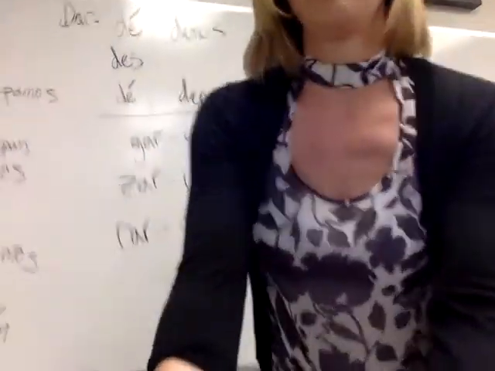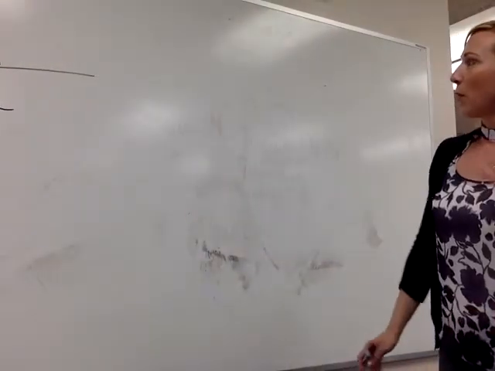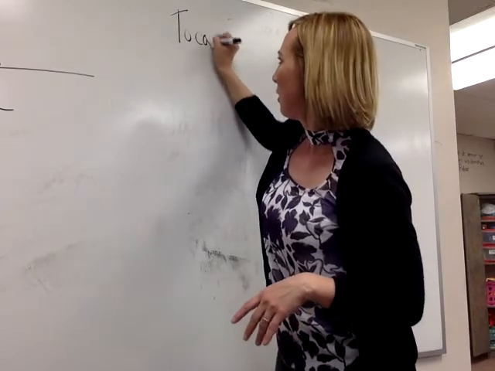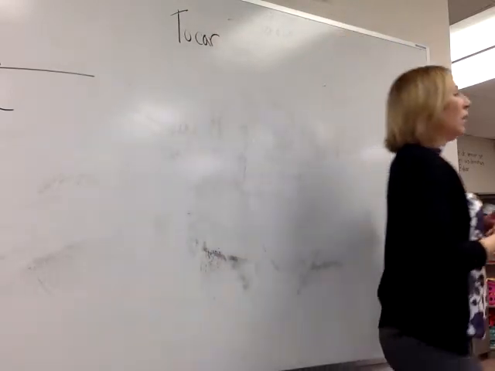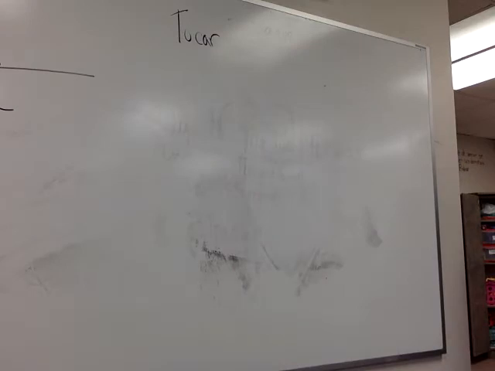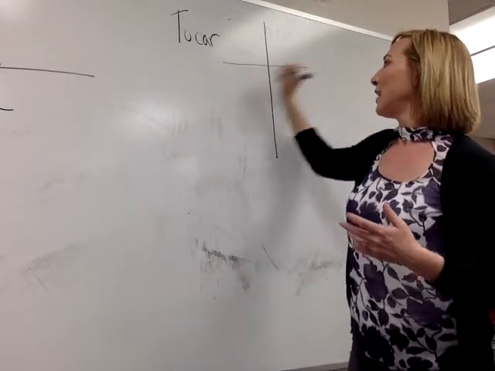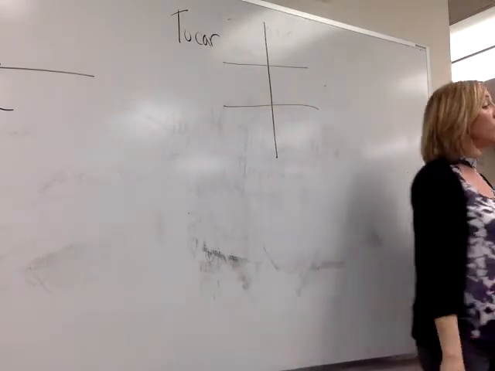So let's take a look at some examples with that. The first example I want to look at with this is the verb tocar. What does tocar mean? To touch or to play. To play an instrument. So if we're using the subjunctive, and I needed to conjugate tocar in the subjunctive form, the CAR is going to become QUE.